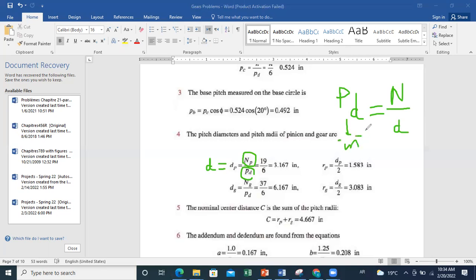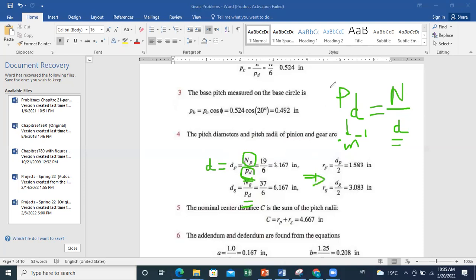So since the value of the diametral pitch is provided for us, we can deduce the pitch diameter for both gear and pinion. So for the pinion, you have d equal to 19/6, and for the gear, it's equal to 37/6. For both cases, we have the same PD, but different values of N. Once we determine the pitch diameters, we can deduce the pitch radii by just dividing by 2.